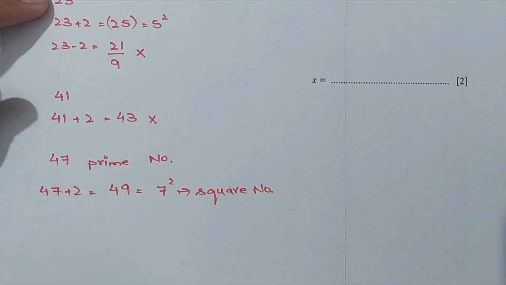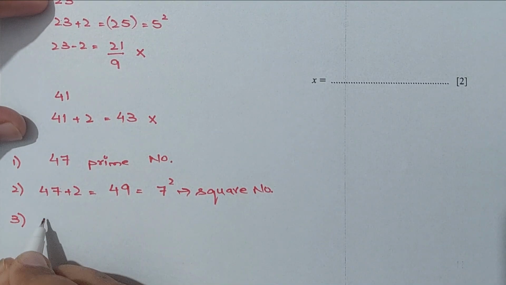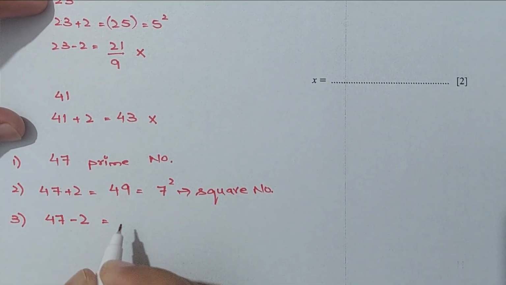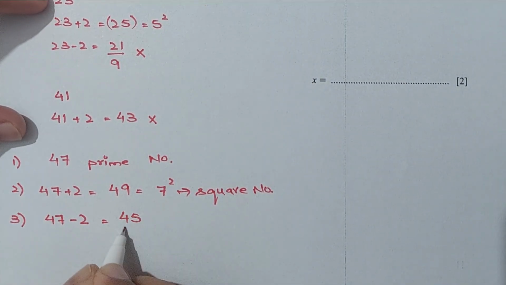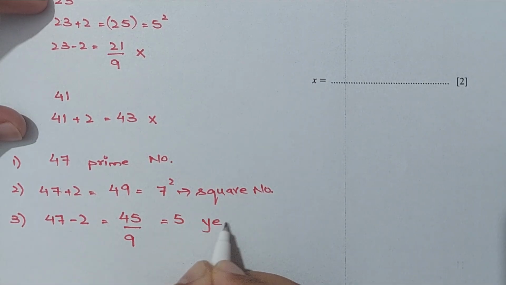Right, and this is the first condition. It should be prime, it should be a square. And the third condition is in that X, when we subtract 2, 47 subtracted by 2 is 45. Is it divisible by 9? 9 times 5 is 45. Yes.